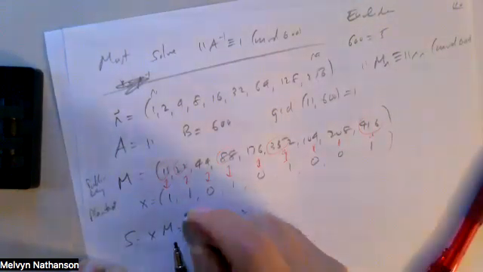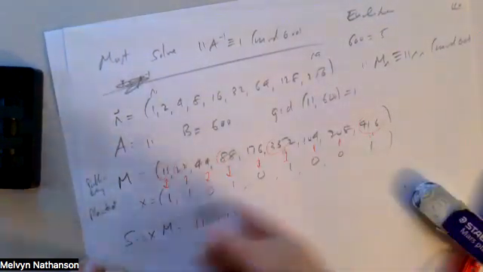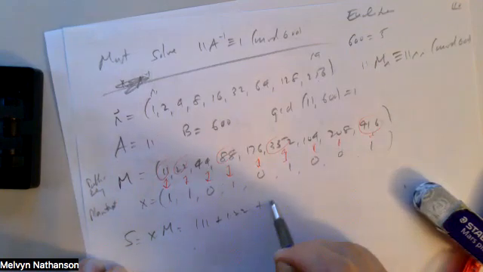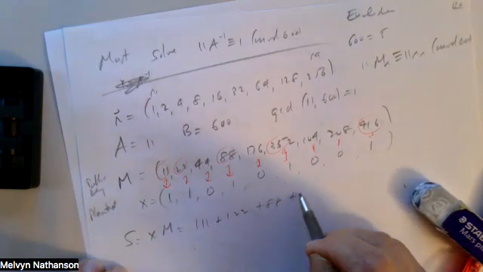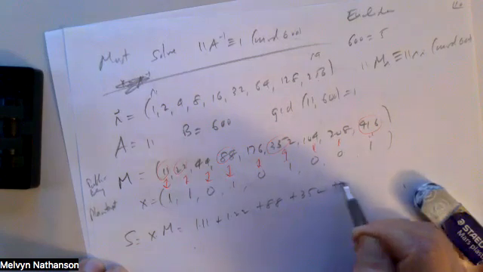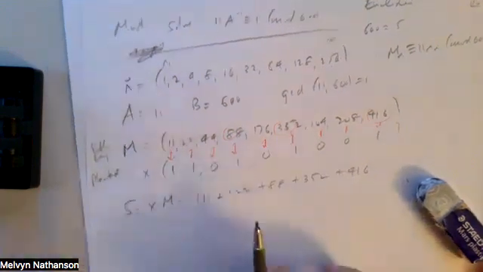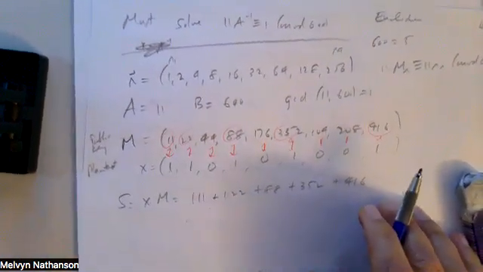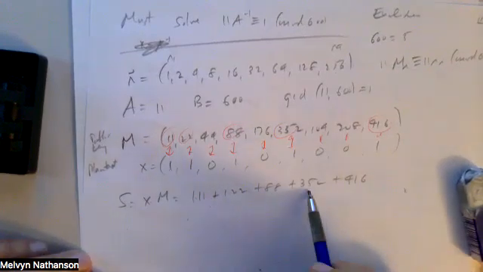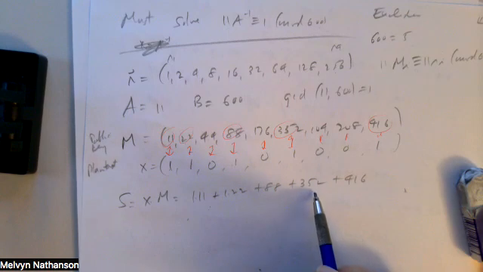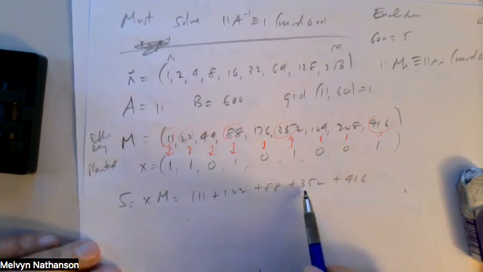So S is going to be 11 plus 22 plus 88 plus 352 plus 416. So if I add that up, 88 and 352 is 440.